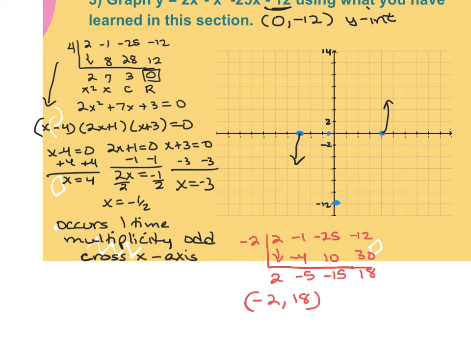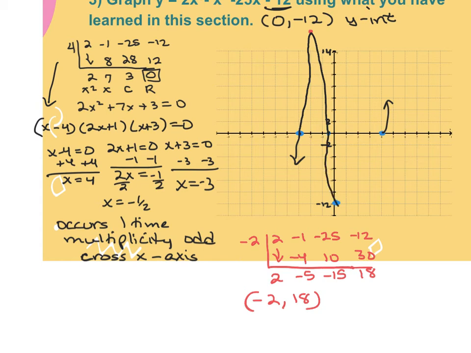So I'm going to have 18 go a little bit off. So negative 2 and then 18, I'll put it up here. So I can now connect up here to the 18. Then it's going to come down to the 0, which is at the negative half. I can have it come on down here to the y-intercept.